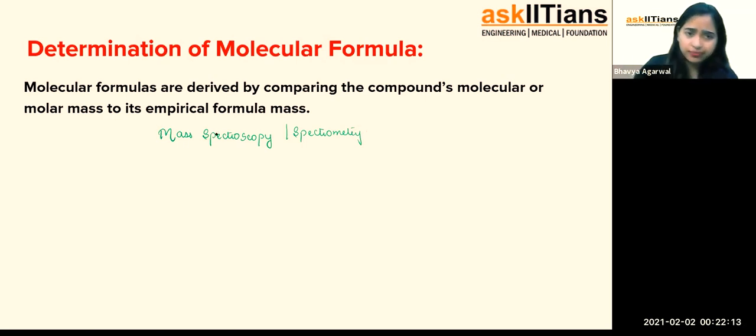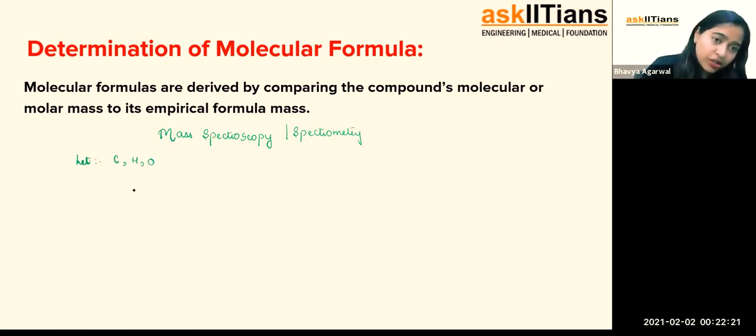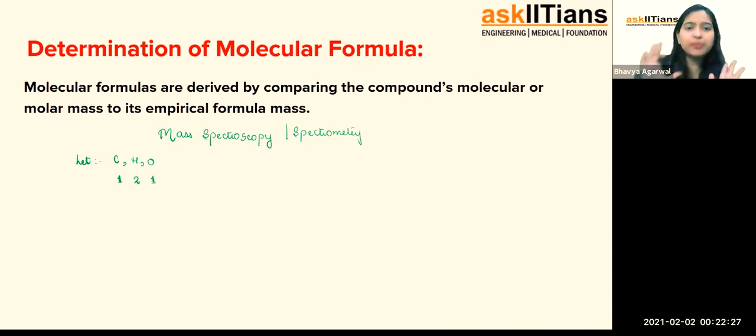Now, suppose there is a compound. In that compound, there is carbon, hydrogen, and oxygen present in the ratio of 1:2:1. Okay? The simplest ratio of carbon, hydrogen, and oxygen is 1:2:1.